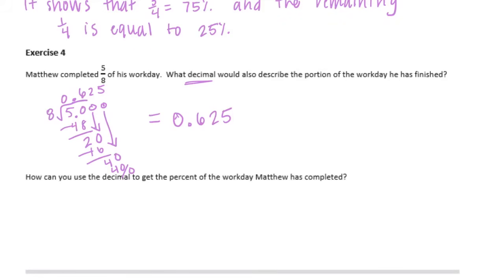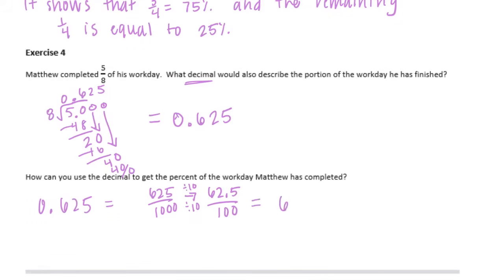So how can we use the decimal to get the percent of the workday? One way that you can do it is we know that that's equal to 625 thousandths. Remember, we say the fraction when we say the decimal. And as a percent, that would be 62 and 5/10 out of 100 because we're just dividing by 10.